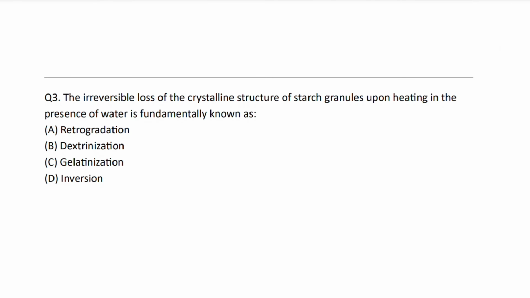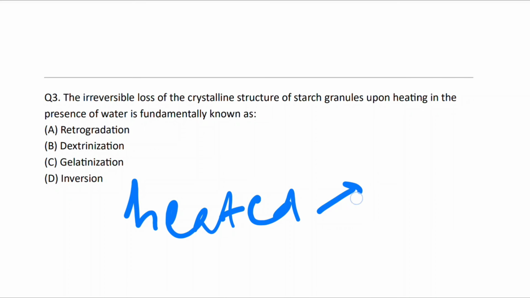Next question is, the irreversible loss of the crystalline structure of starch granules upon heating in the presence of water is fundamentally known as. So what happens is, when starch granules are heated with water, they absorb the water.